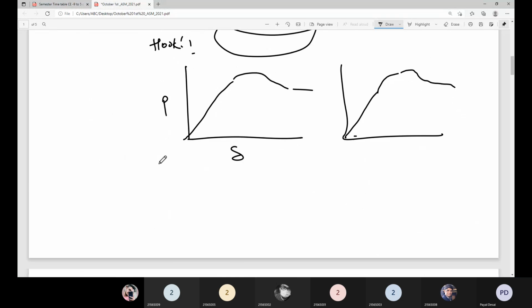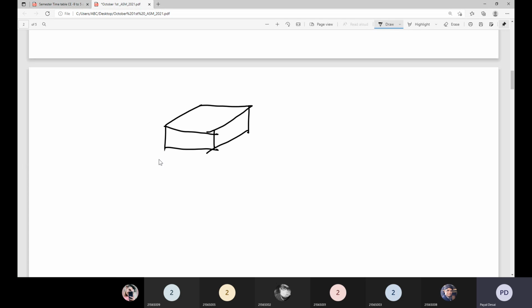Now in any 3D body, if you again take one point O, when you apply force, this point will move to somewhere here, point O dash.